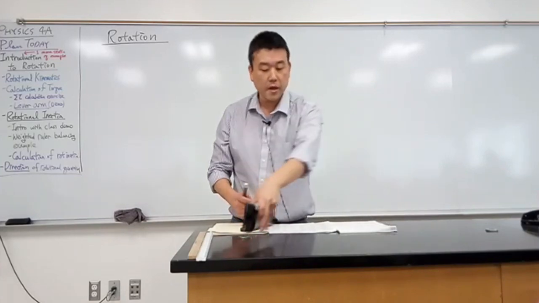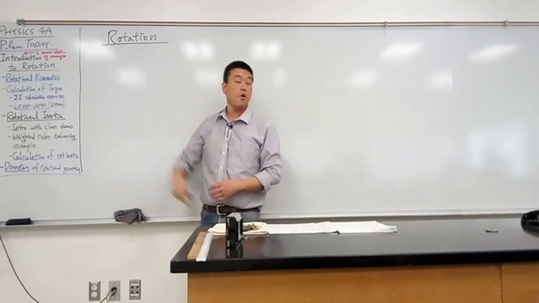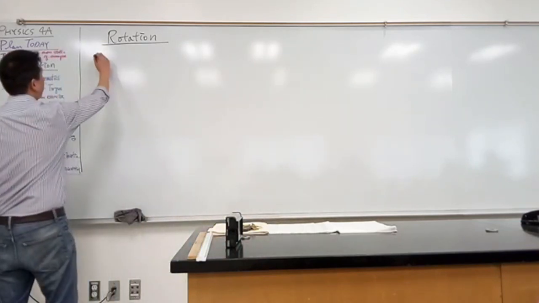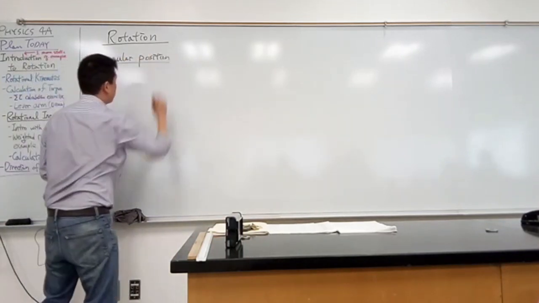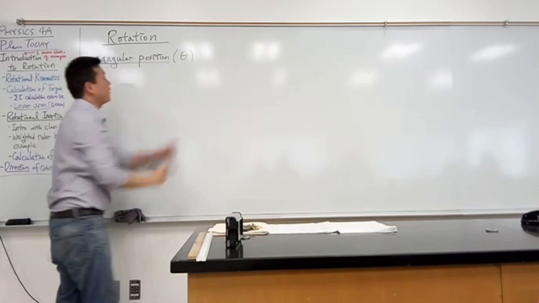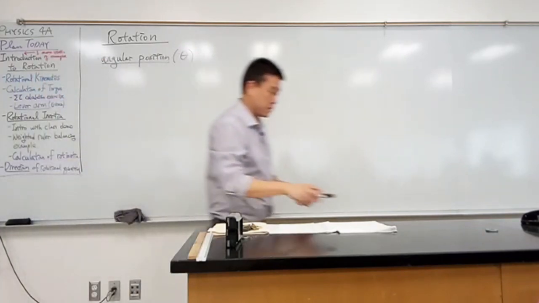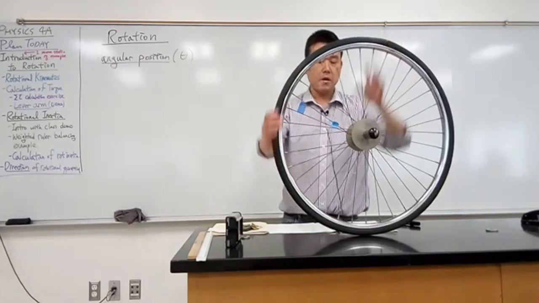So we are going to have a similar parameter for rotation. Instead of position, we are going to have an angular position, which I guess we can mark with the letter theta, the common letter you use to measure angles.